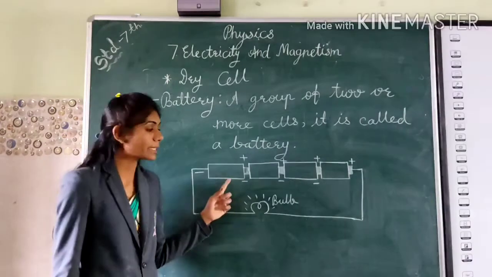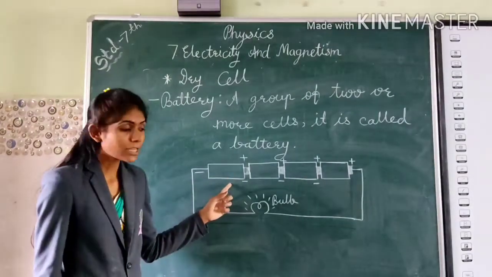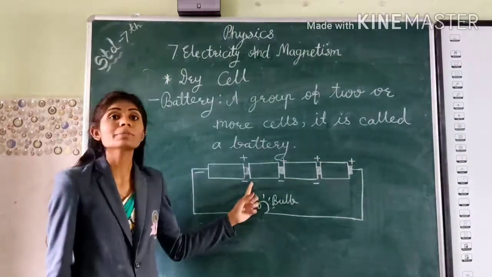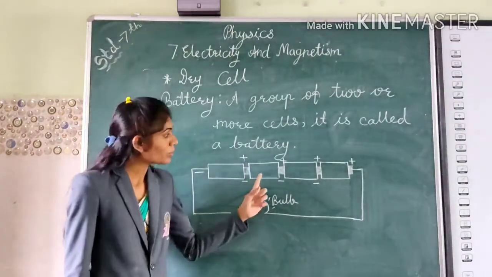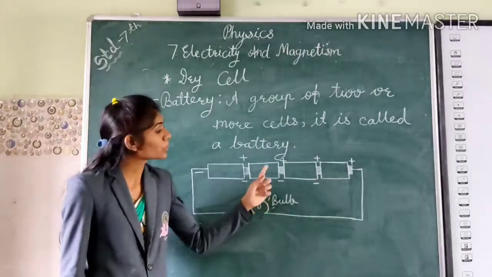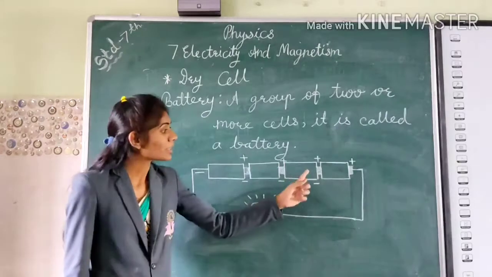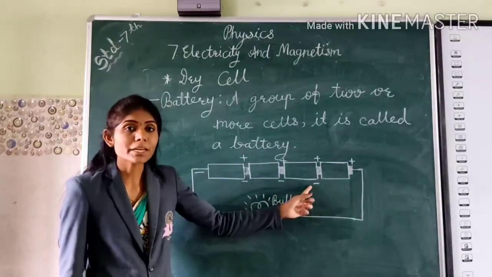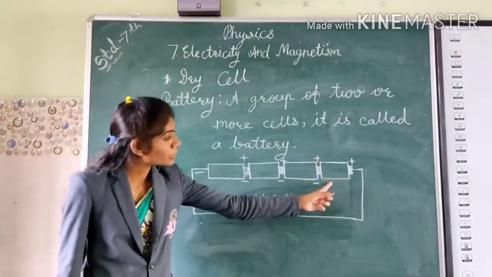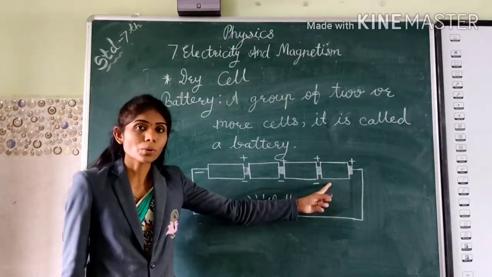While making a battery, the positive end of the first cell should touch the negative terminal of the second cell. Similarly, the positive terminal of the second cell should touch the negative terminal of the third cell, and the positive terminal of the third cell should touch the negative terminal of the fourth cell.